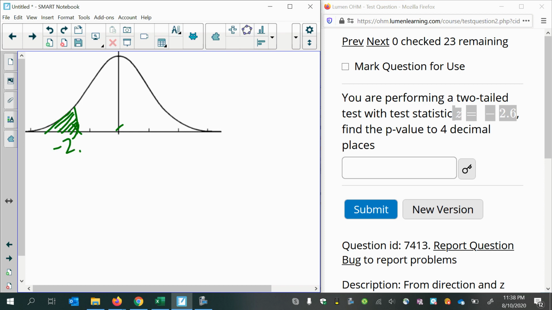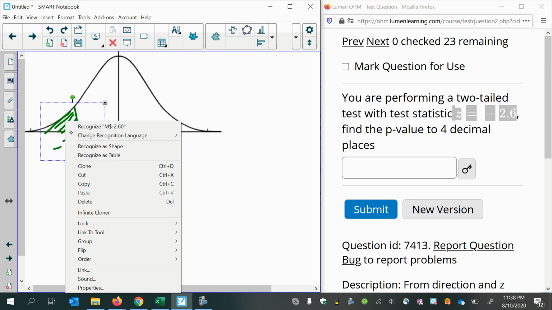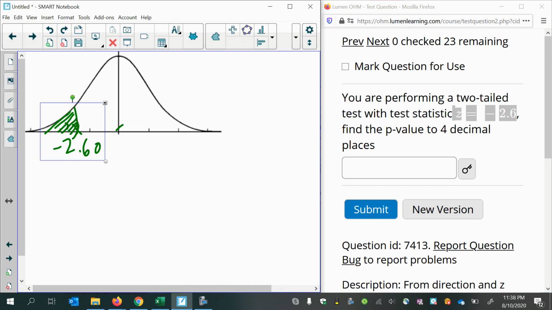So from here, this would be our p-value if it was a single-tailed test. However, this is a two-tailed test. That means that you have to imagine that there was a second twin test statistic, even though technically there really is only one test statistic. I mean, you had a sample mean. It was either below the population mean or above the population mean.